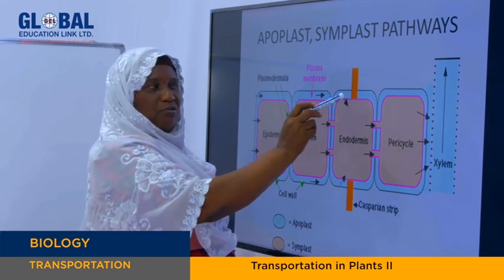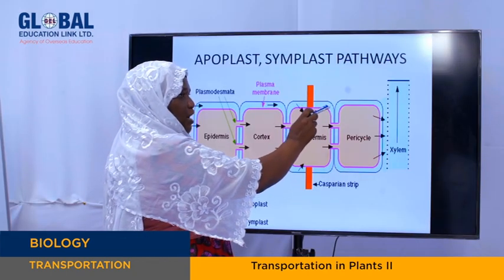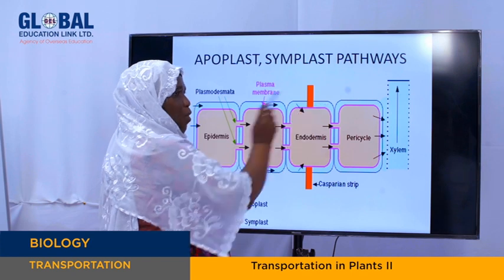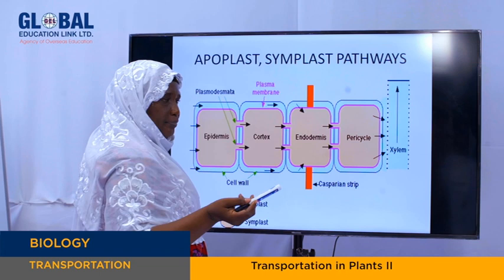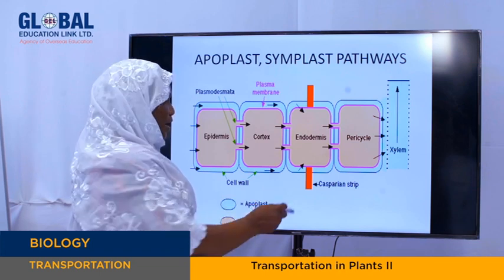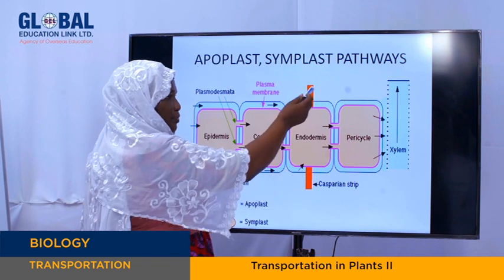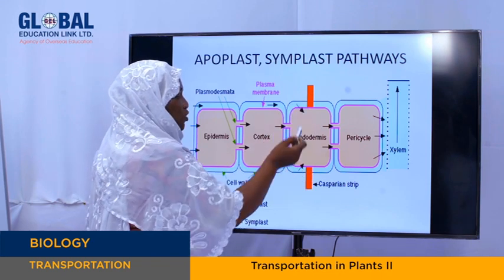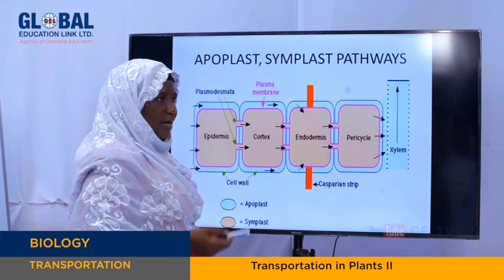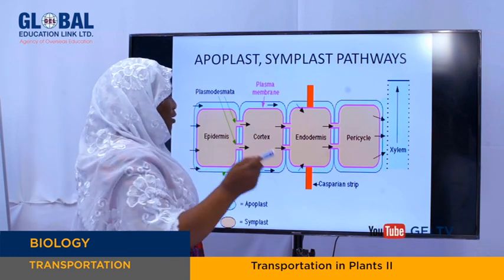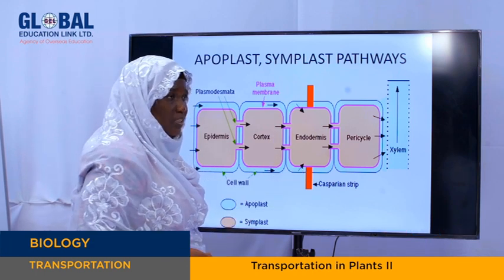water and minerals cannot continue to move through the cell walls. Why? Think about it. Why? Check these bands. These bands are known as Casparian strips. Casparian strips are composed of suberin materials.